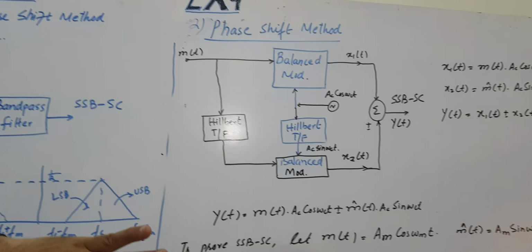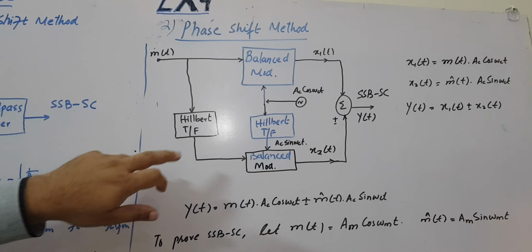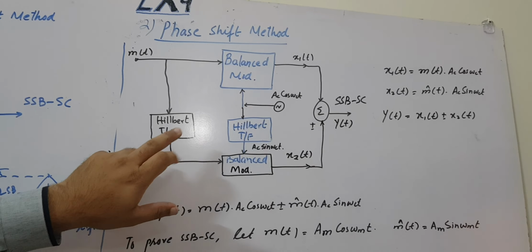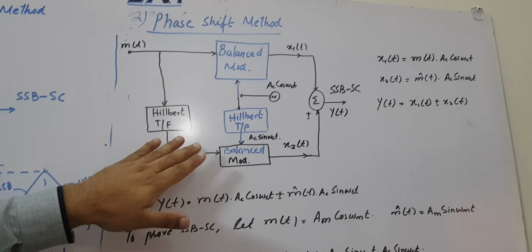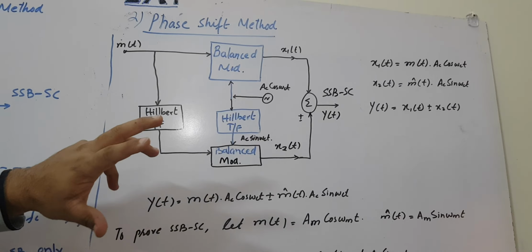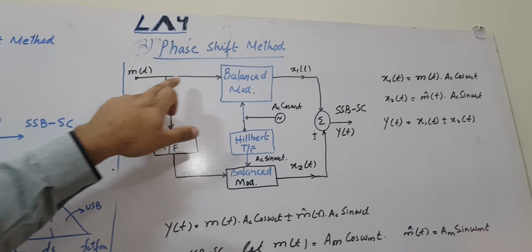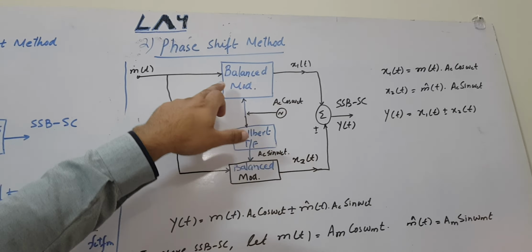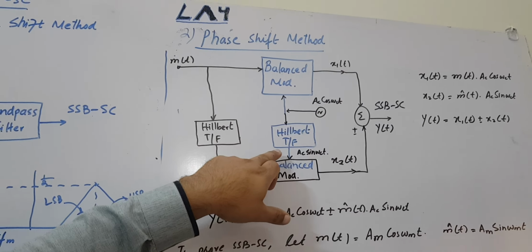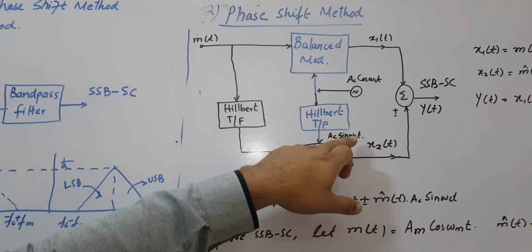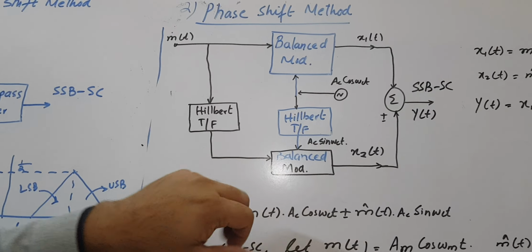For the phase shift method, we have to use two balanced modulators and two Hilbert transforms. We have already discussed what the Hilbert transform is in our previous lectures, so I hope you have understood that. The inputs of the balanced modulator are the message signal and the carrier signal. Taking the Hilbert transform of the carrier signal, you end up with Ac sin omega ct, which is given to the balanced modulator.